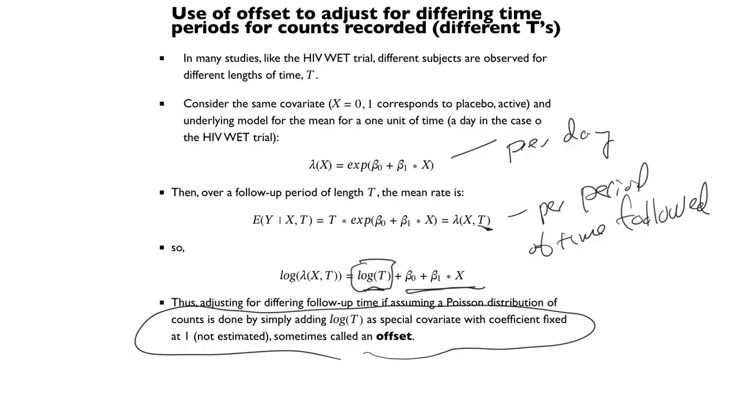You can also add a coefficient there, you can just put the log of the time as a covariate, and it makes the model a little bit more flexible. It doesn't have to be 1 anymore. That wouldn't be strictly Poisson, it'd be some other kind of distribution, but anytime I can add an offset, I could just add it as a covariate. But in this case, we're gonna take the Poisson seriously and treat it as an offset.